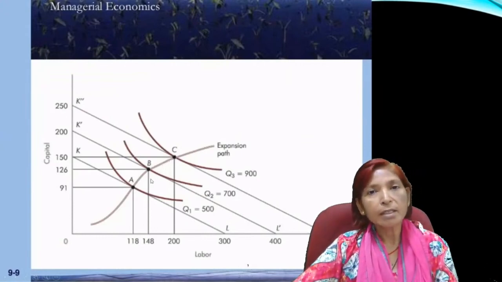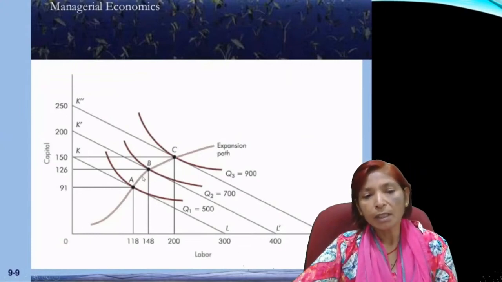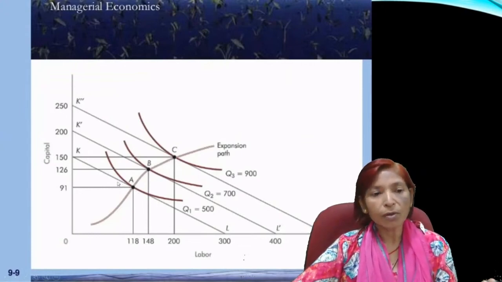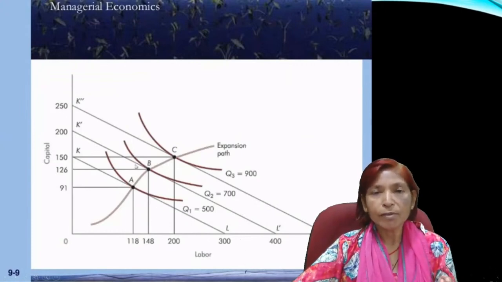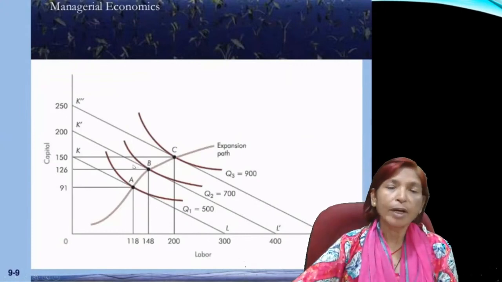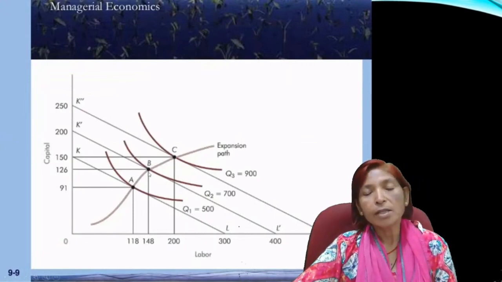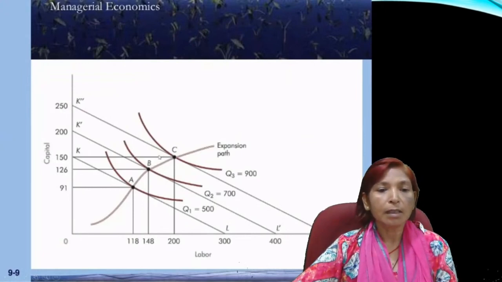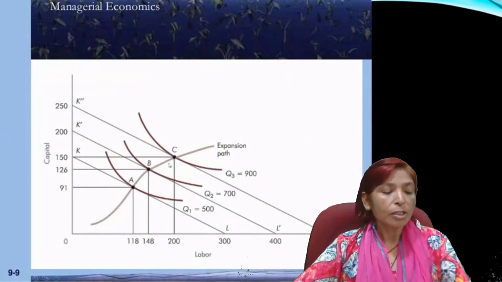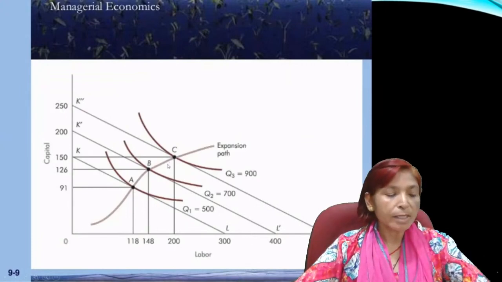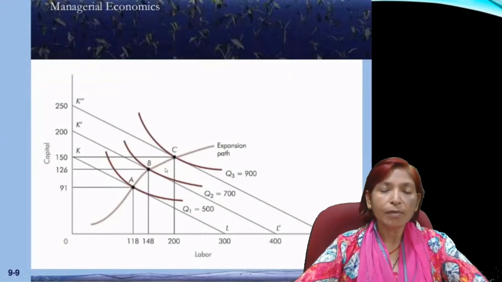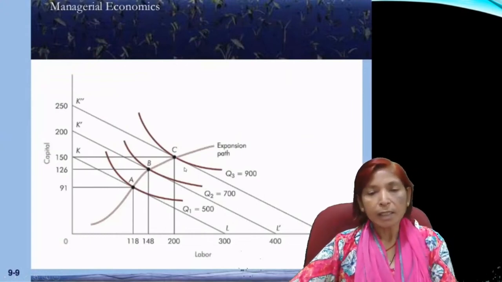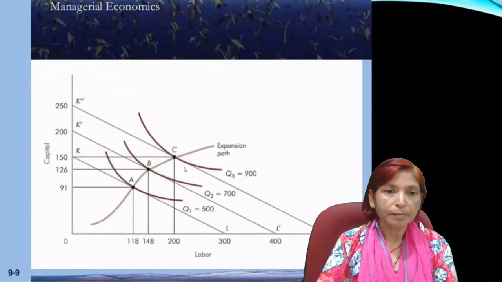If the isocost line is this first line L, then the producer equilibrium will be at point A. If the isocost line shifts to the right-hand side, then the equilibrium point will shift from A to B, and if the isocost line shifts to this another line, then the equilibrium point will shift from B to C. So all these points show that the producer is getting maximum level of output at minimum level of cost. So this is the least cost combination diagram.